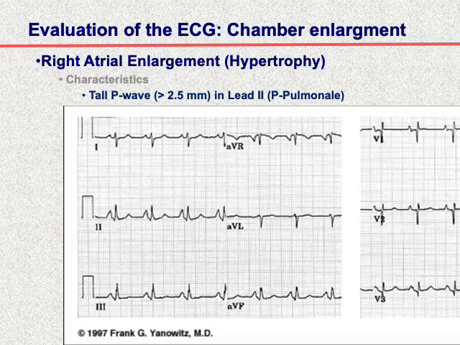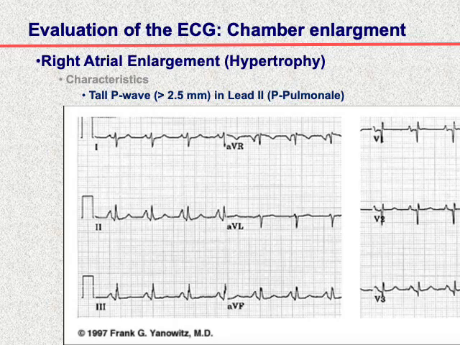The third item is chamber enlargement. This is ventricular chamber enlargement, which we assess by QRS amplitude. And also in chamber enlargement we will see right and left atrial enlargement. The right and left atrial enlargement, we know it, of course, from the P wave.